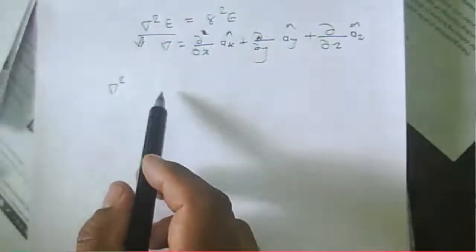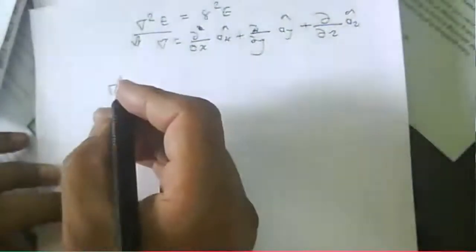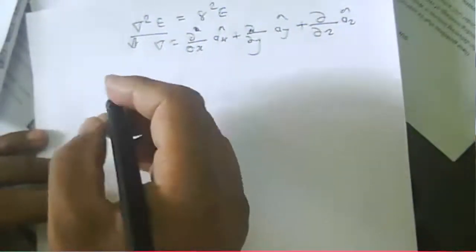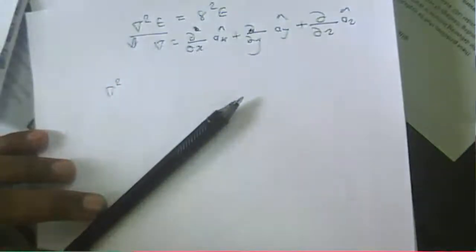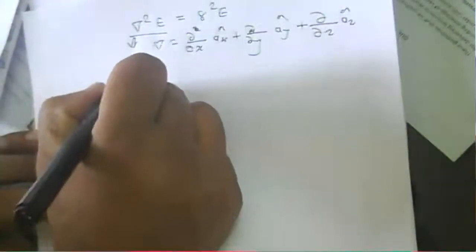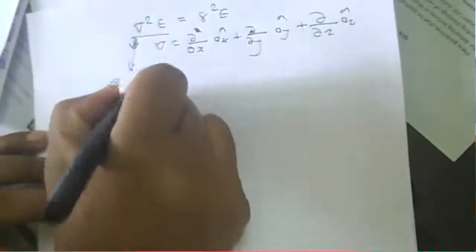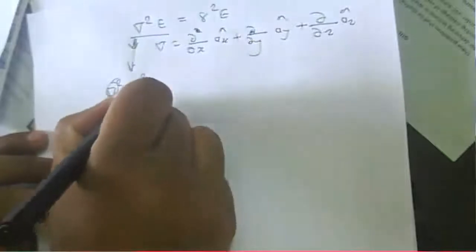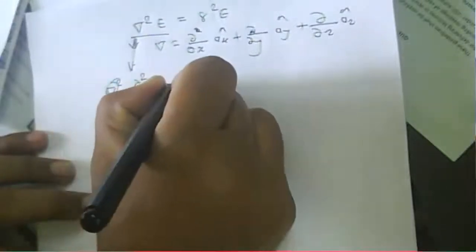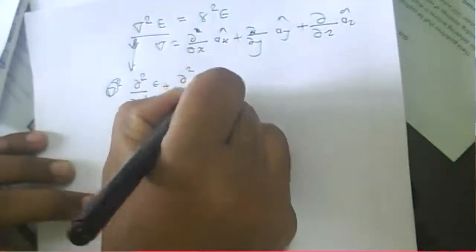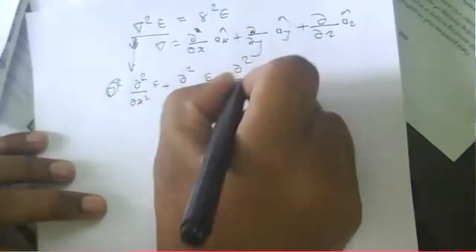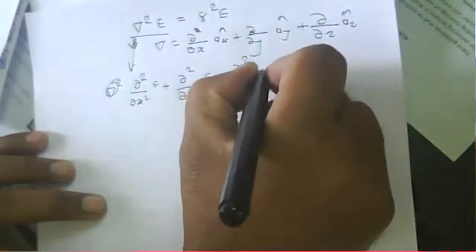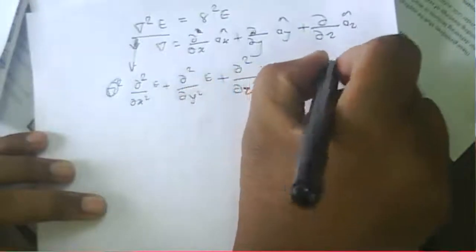So we get the equation this way: dou square by dou x square E plus dou square by dou y square E plus dou square by dou z square E is equal to gamma square E.